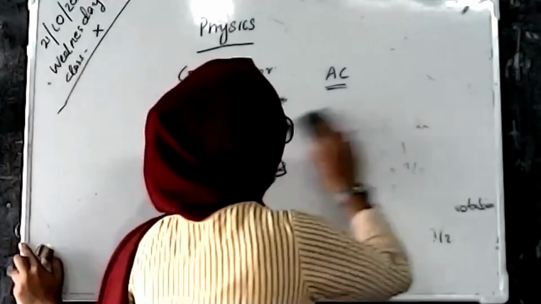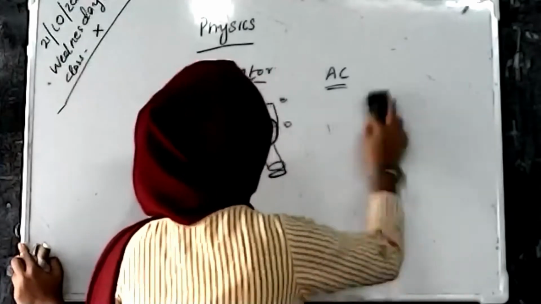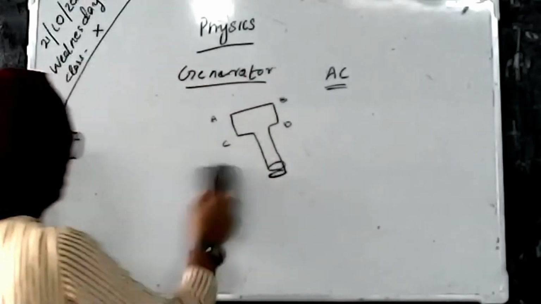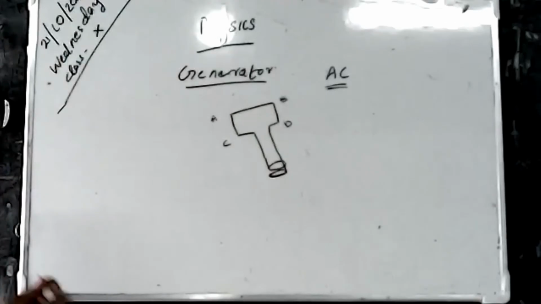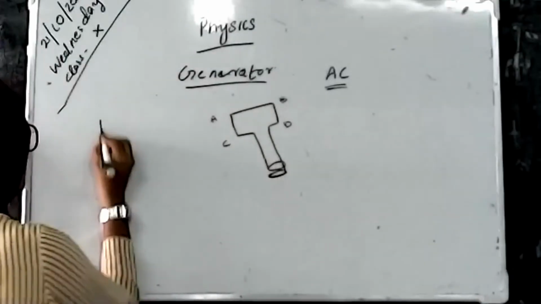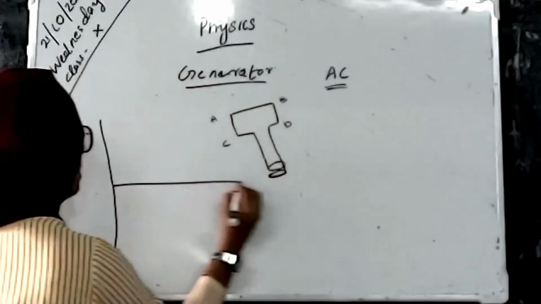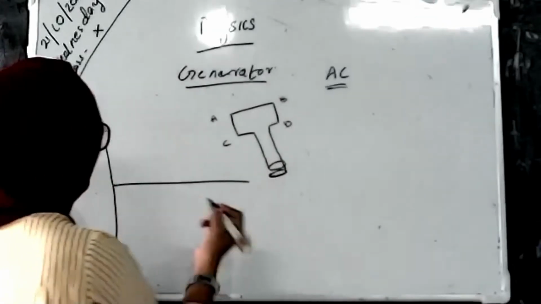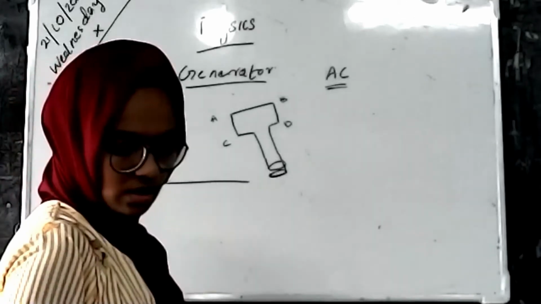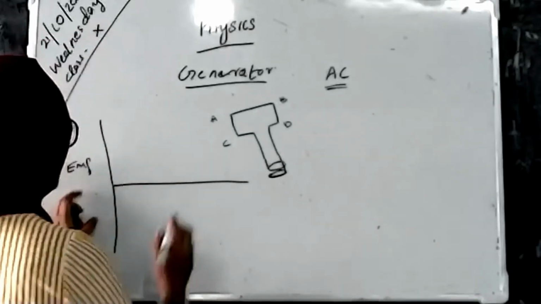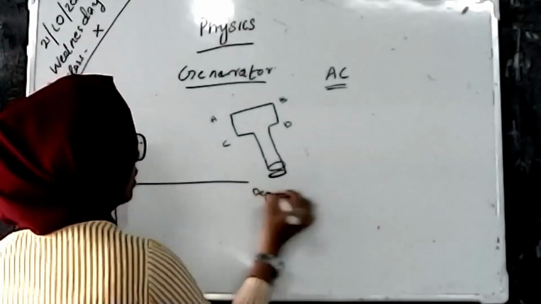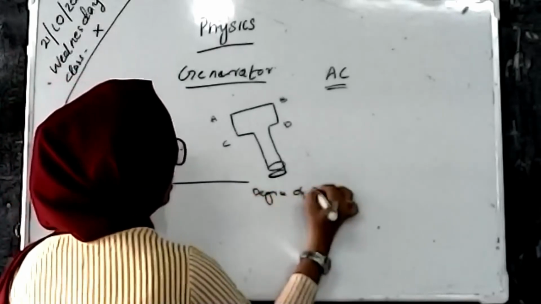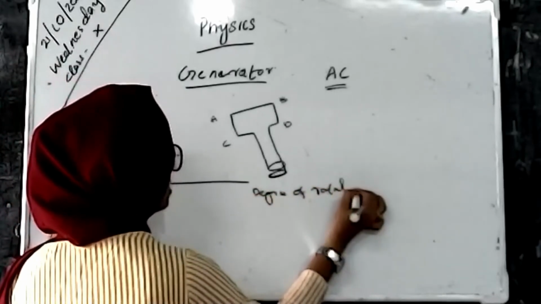For understanding the induced current in each rotation, we have a graph showing the EMF connected with the degree of rotation of an armature coil.